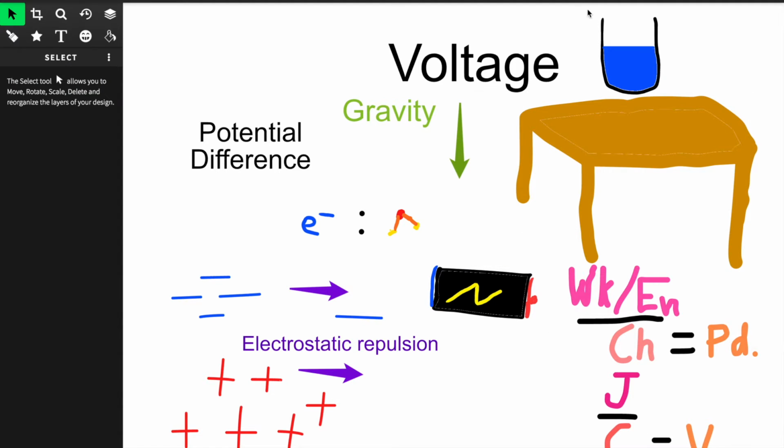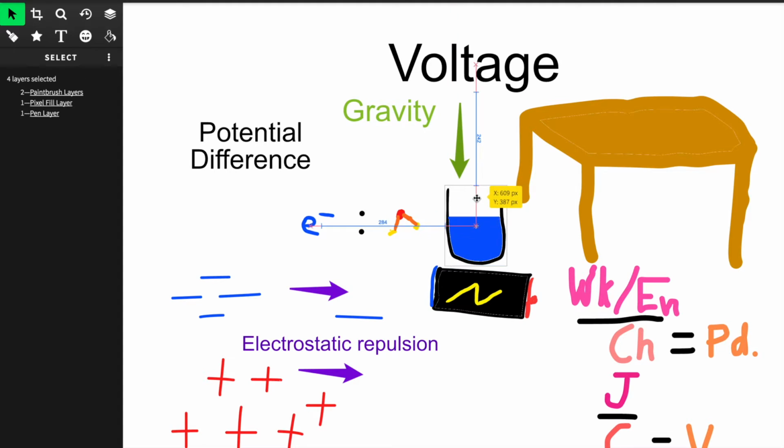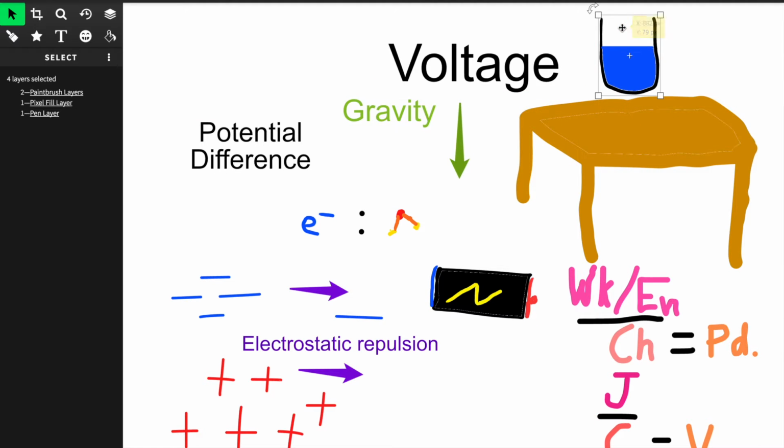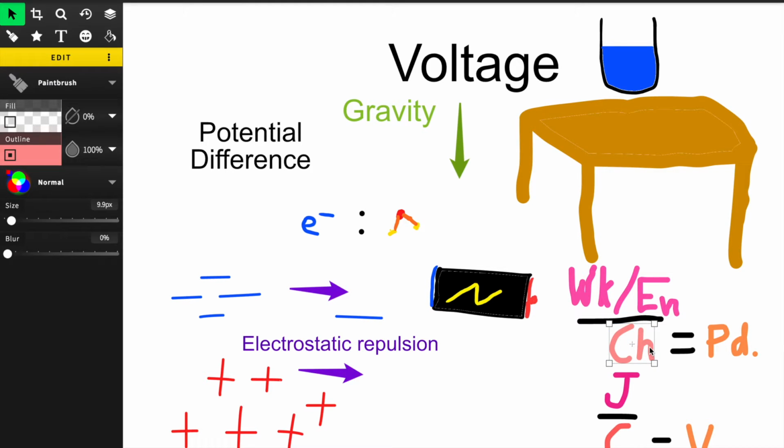Now, we can imagine this in the same analogy of the glass of water. When I lift this glass up, I'm giving each and every water molecule inside this glass a certain amount of energy. And to find the amount of energy per water molecule, I'm going to have to divide the total amount of energy by the total number of water molecules. And then I'll have the amount of energy in a single water molecule.